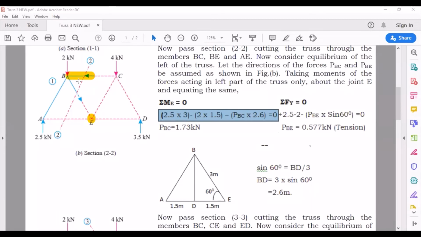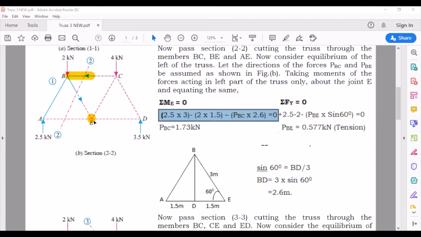So I have considered the left portion. In the left portion, I have two forces, that is 2.5 and 2 kilonewton. Next are the members. There are three members, BC, BE and AE, which are in connection with the cut section.